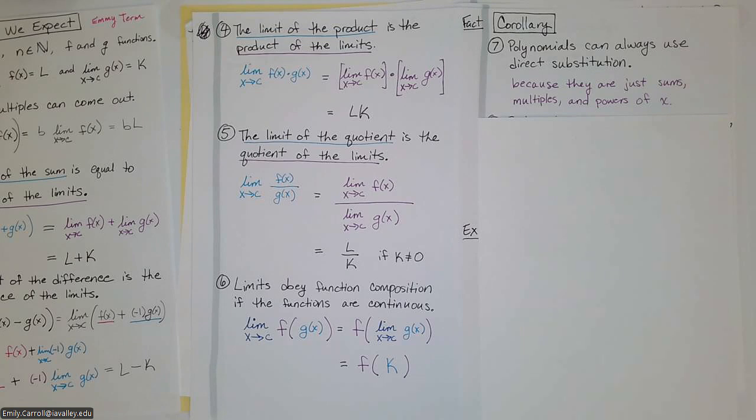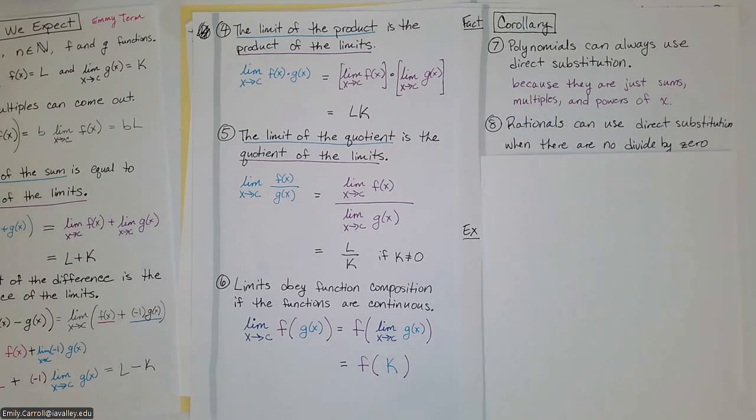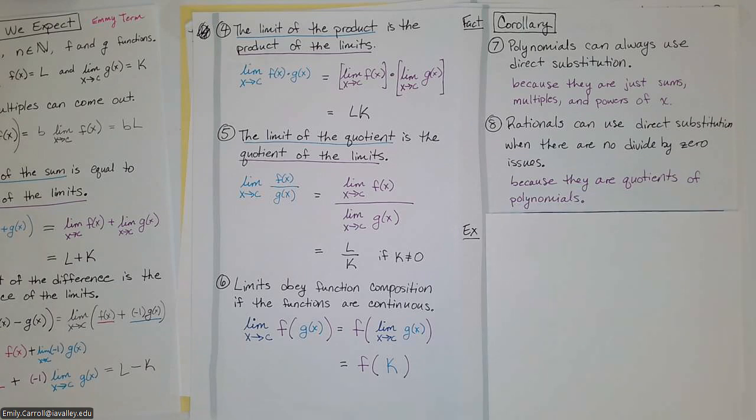And then if I take two polynomials and divide those, if I take two things that can use direct substitution and divide them, then I can use direct substitution on the quotient as well. So rational functions, which are quotients of polynomials, can use direct substitution as well, as long as you have no divide by zero issues.